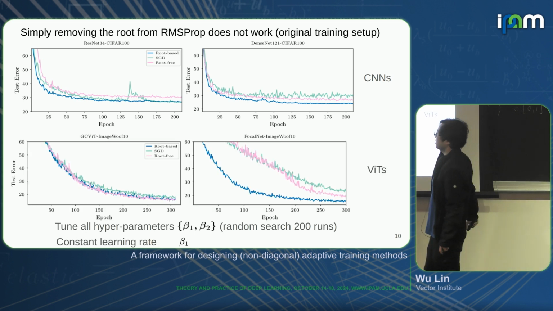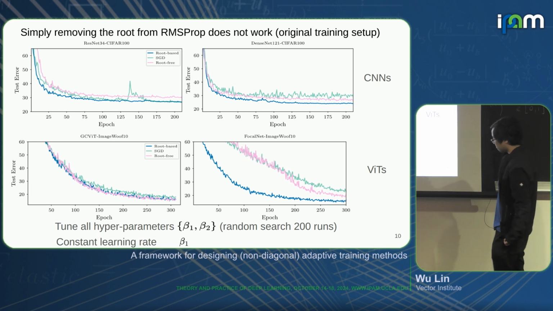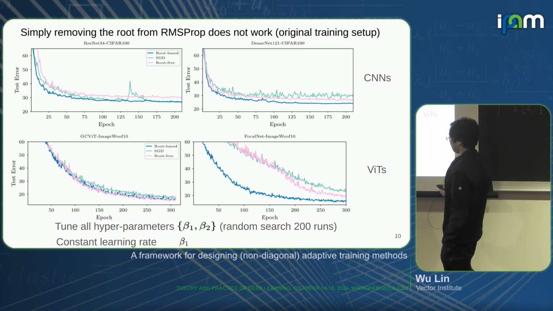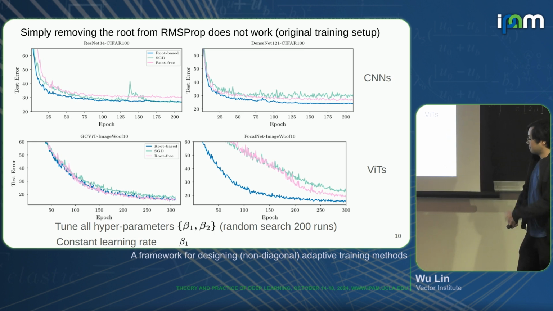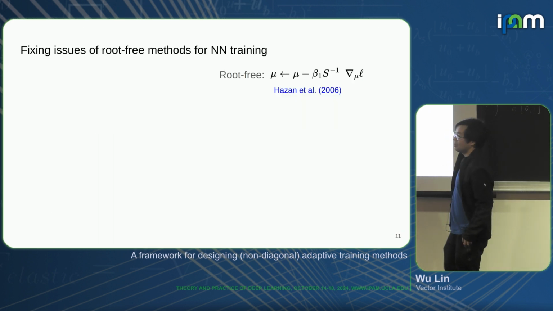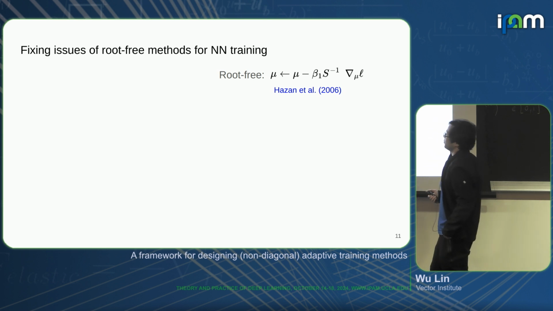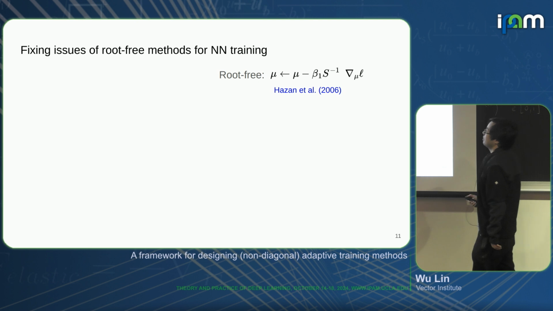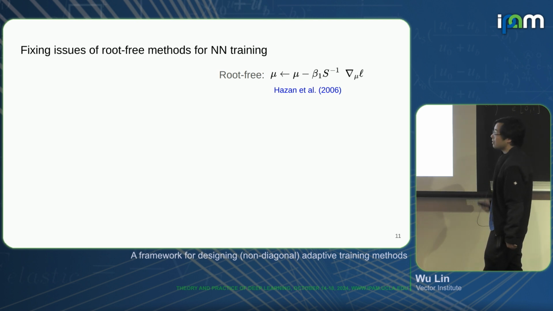On transformers, it seems similar, with the root-based method working best. But is that true? In fact, we can identify some issues for root-free methods, and if we fix them, we can make them work, at least for neural net training.